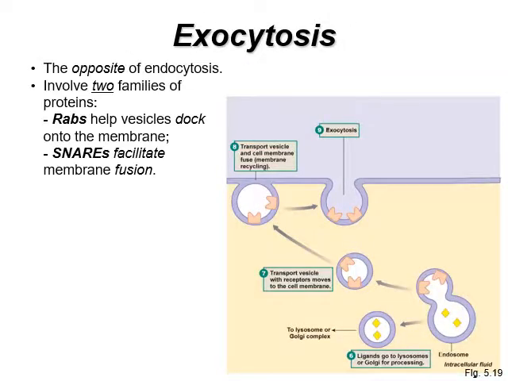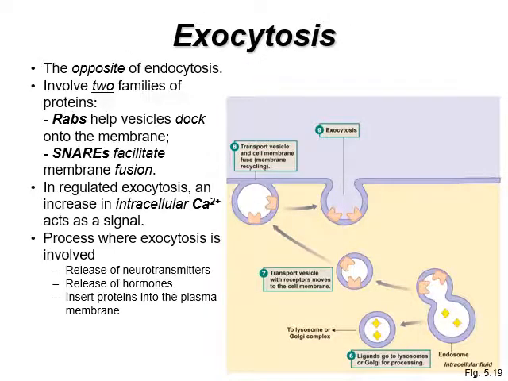So exocytosis is basically kind of the reverse process. We have stuff already in a vesicle, and now we can fuse the vesicle and release whatever is there. Release of neurotransmitter is one way. The neurotransmitters will be in the vesicle, it will fuse with the membrane, and then the neurotransmitter can leave the neuron.